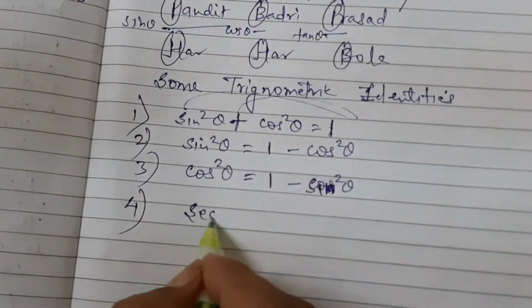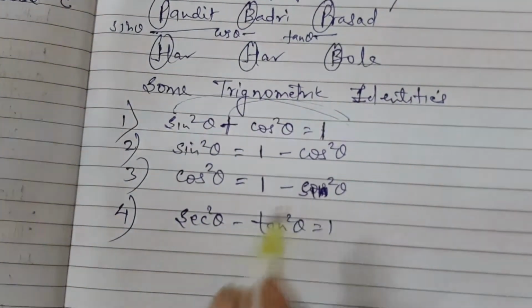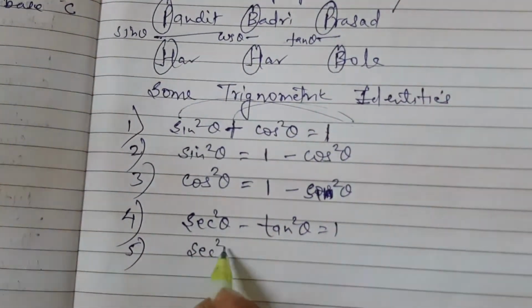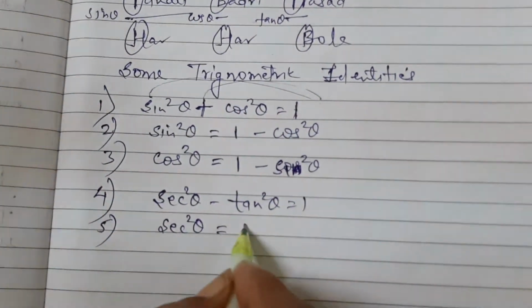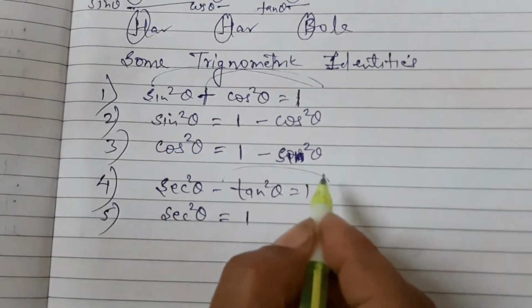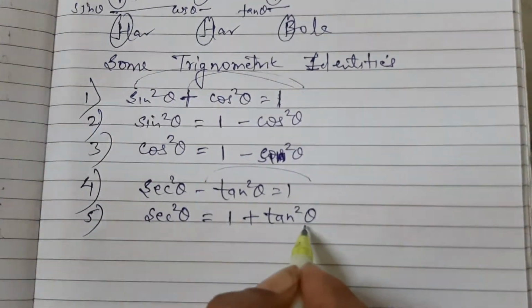Now sec square theta minus tan square theta equals 1. If we want to make the formula of sec square theta, this minus tan square theta will shift from left to right, so it will become plus. So sec square theta equals 1 plus tan square theta.